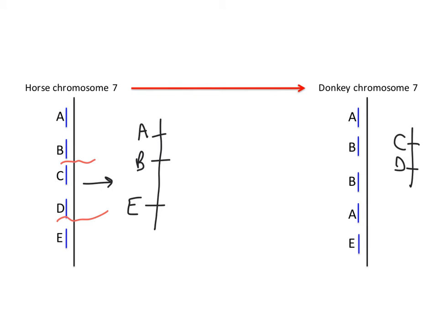Okay. So if that's your hypothesis, which is totally fine, you can have other answers, that's fine too, as long as we make it to the stage on the right. So what are we going to do now to get from the middle to the right side? Duplication of A and B. So you make an extra copy, the cell makes an extra copy of that fragment of the chromosome.